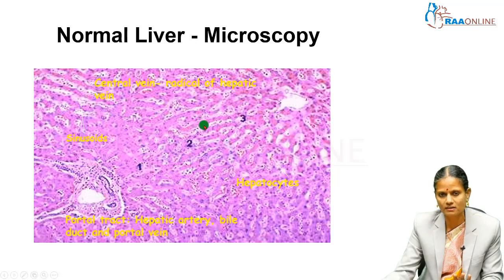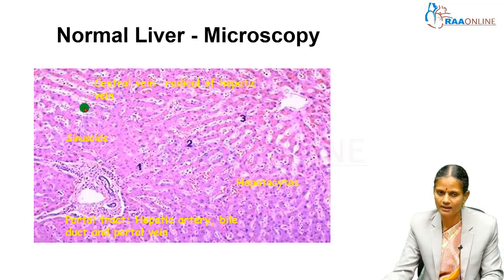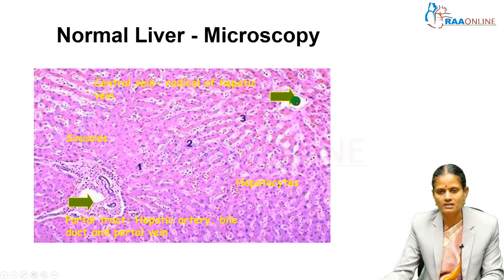They are arranged around the central vein, and in between we have the sinusoids, which are lined by endothelial cells. This is the portal tract consisting of hepatic artery, bile duct and portal vein. This is the central vein. Around the central vein you have the hexagonal arrangement of the lobule.